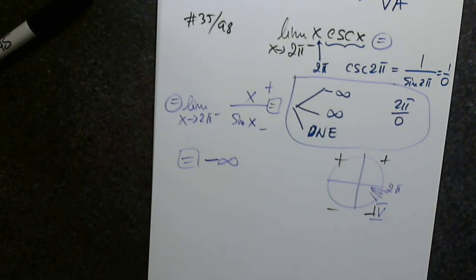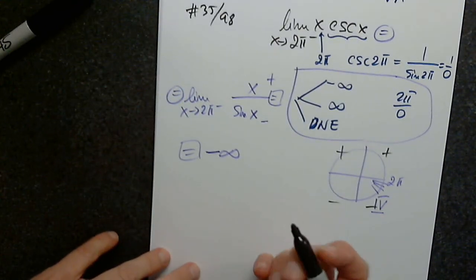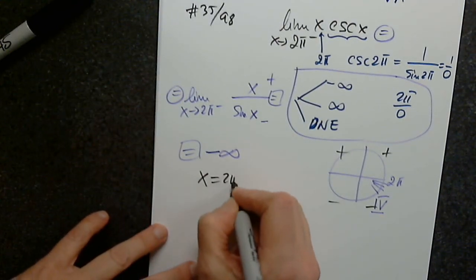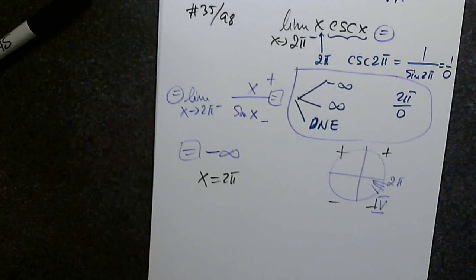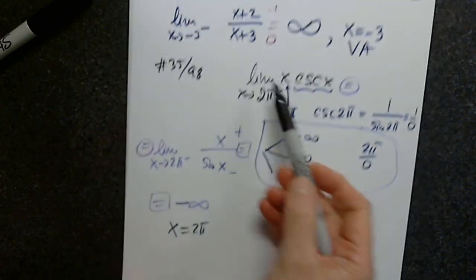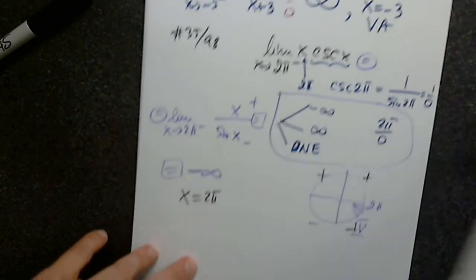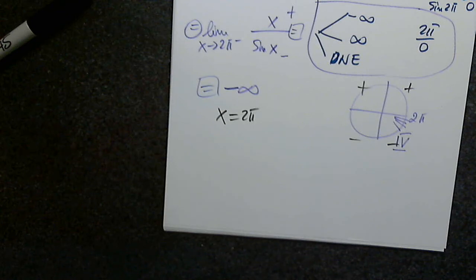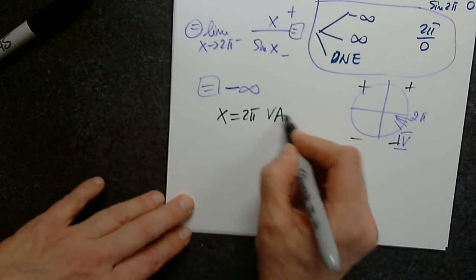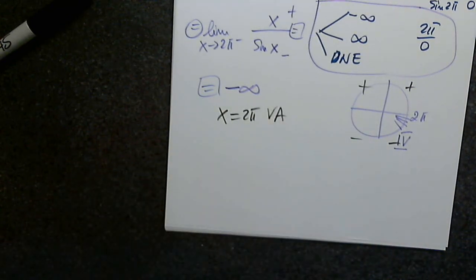So it's positive above the x-axis and it's negative below the x-axis. Therefore, the limit is negative infinity, which means that x equals 2 pi represents what for this function? Which function? x cosecant x. What does it represent? A vertical asymptote, of course.